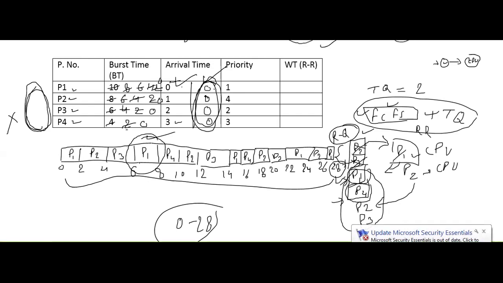Since in Galvin the arrival time of all processes is equal, this thing especially got missed, and students generally miss this concept. So be careful that there is nothing wrong given in Galvin. The only thing is that interpretation for different arrival times is not given there. Hence, students get confused with respect to this particular thing.